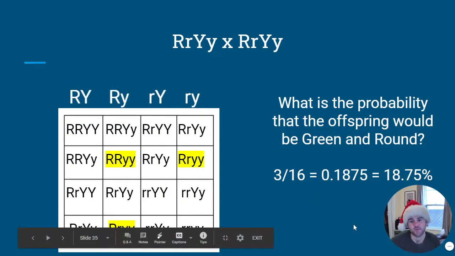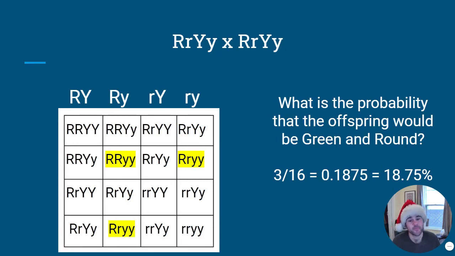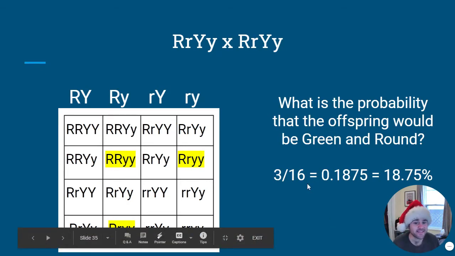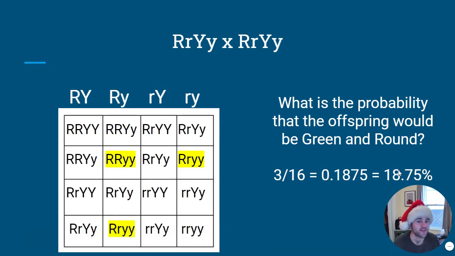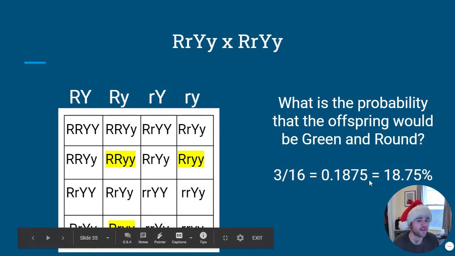So there's 3 instances where we have little y, and at least one big R to make it round. So that's 3 divided by 16, or 0.1875, or 18.75%. So that's the probability.